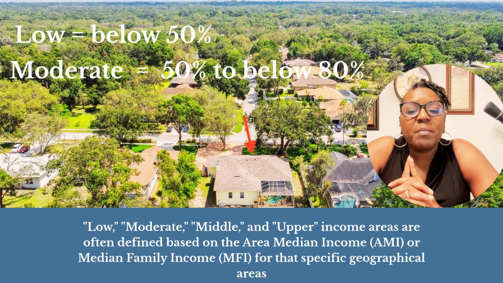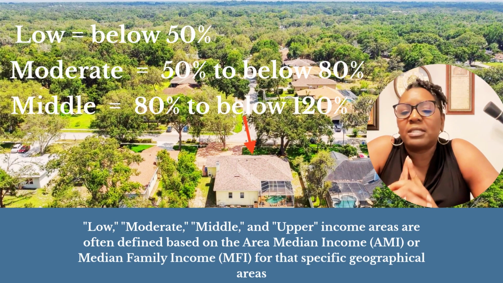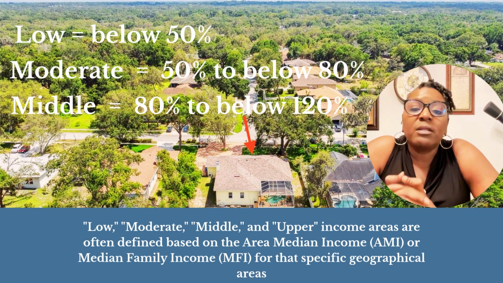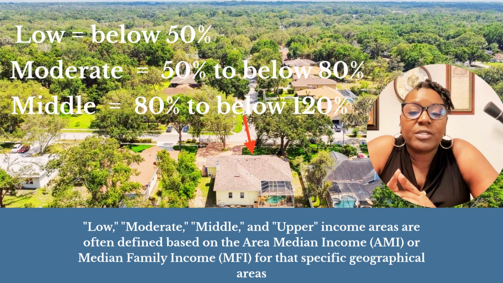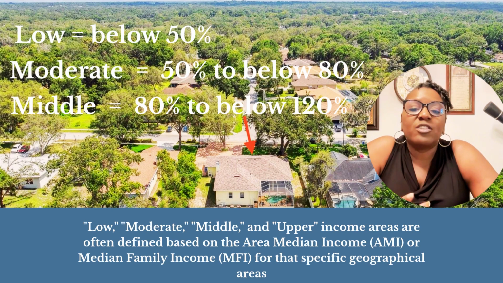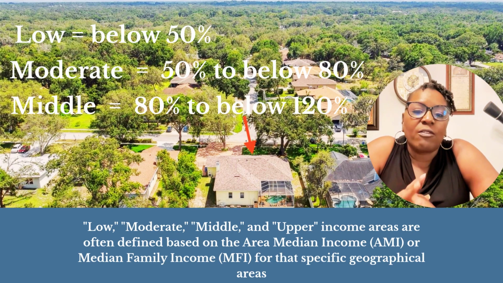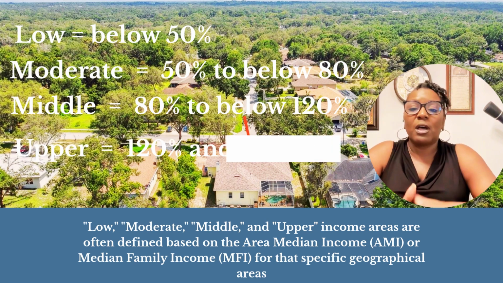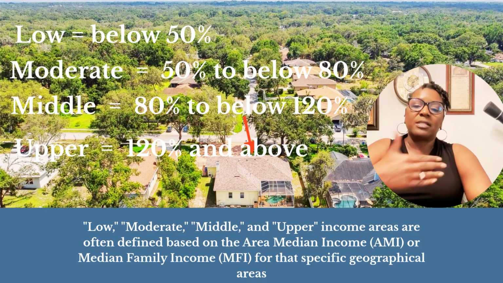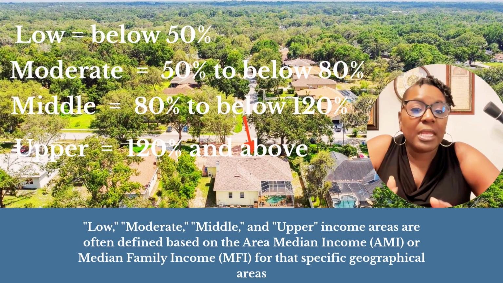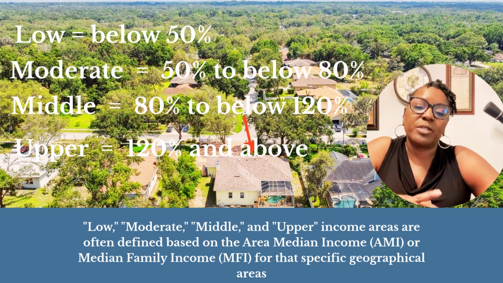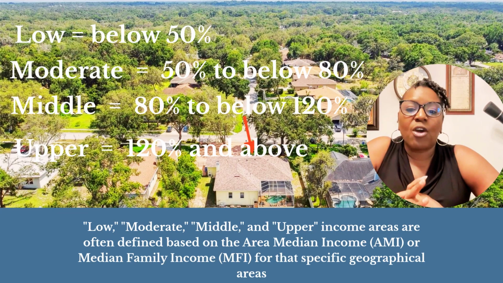And then you have the middle income area. It is a census tract where the median family income is at least 80%, but less than 120% of the area median income. And then you have the last one, which is the upper income area. It is a census tract where the median family income is 120% or higher of the area median income.